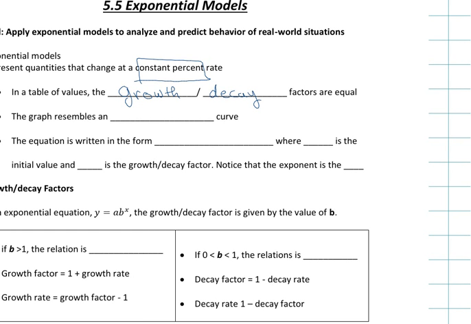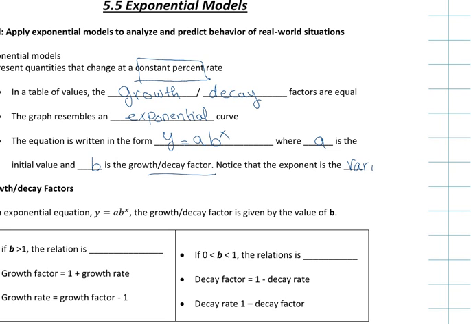The graph resembles an exponential curve. And the equation is written in the form of y equals a b to the power of x, where a is your initial value, b is your growth or decay factor, and the exponent is your variable.